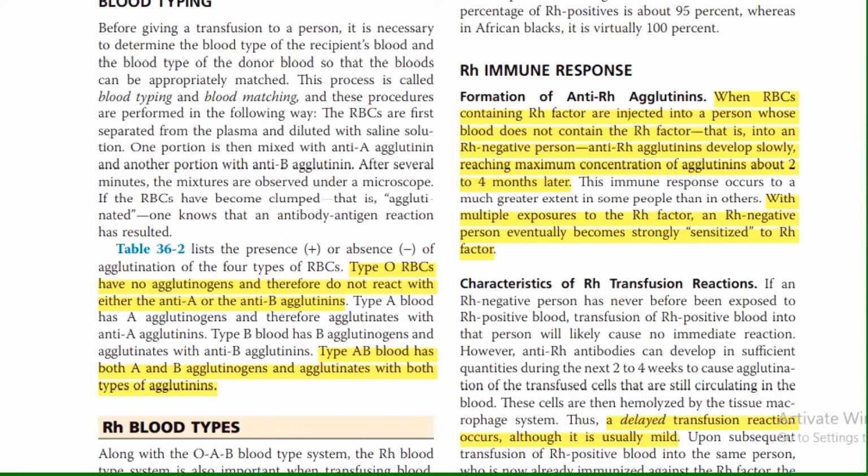Let's look at the Rh immune response. Formation of anti-Rh agglutinins: when RBCs containing Rh factor are injected into a person whose blood does not contain Rh factor, that is, into an Rh negative person, anti-Rh agglutinin develops slowly, reaching maximum concentration about 2 to 4 months later. With multiple exposures to Rh factor, an Rh negative person eventually becomes strongly sensitized to the Rh factor.